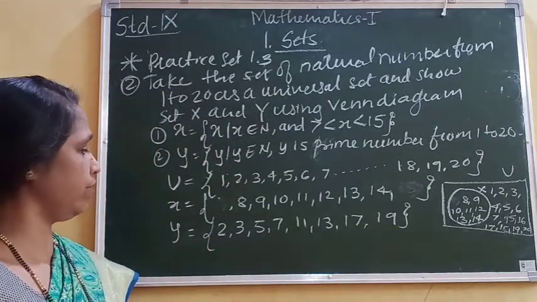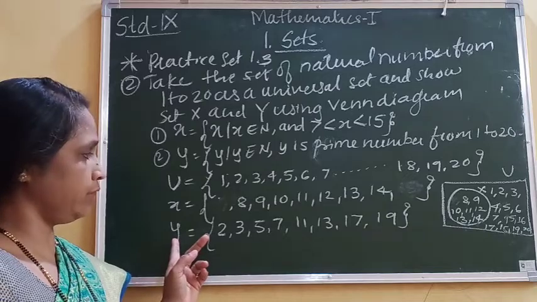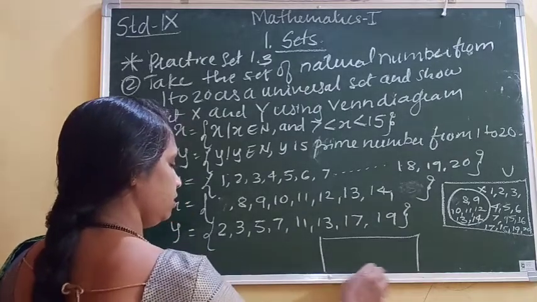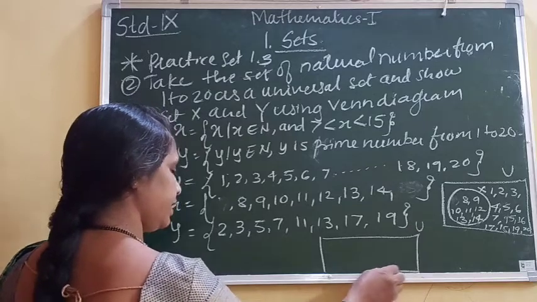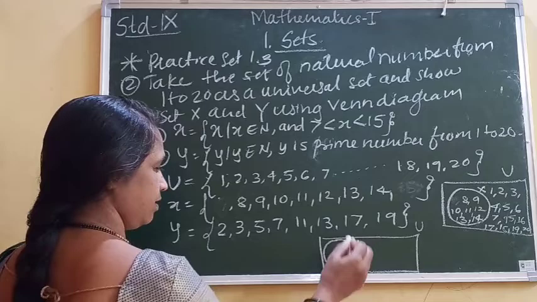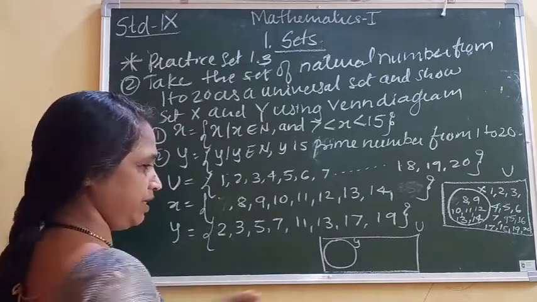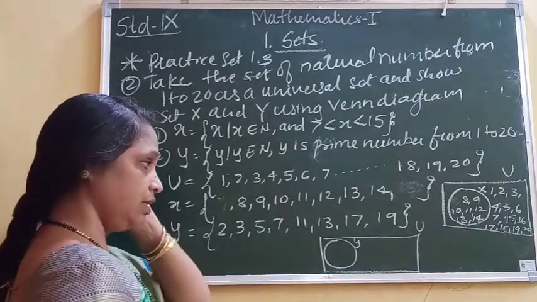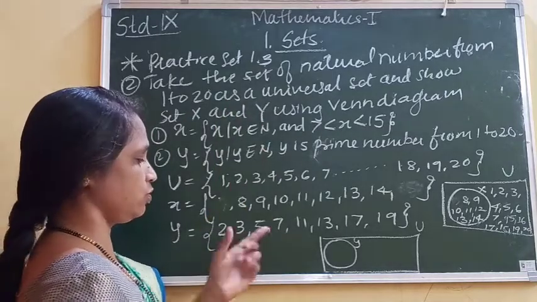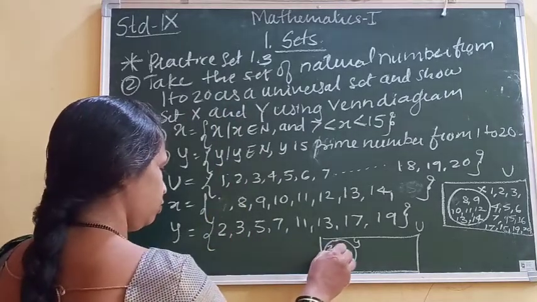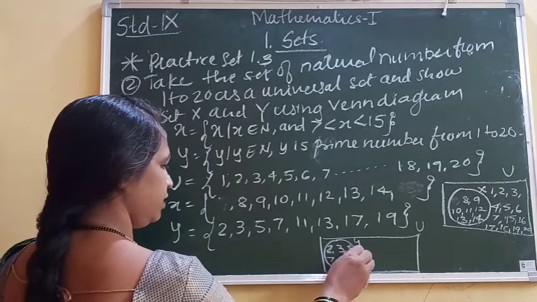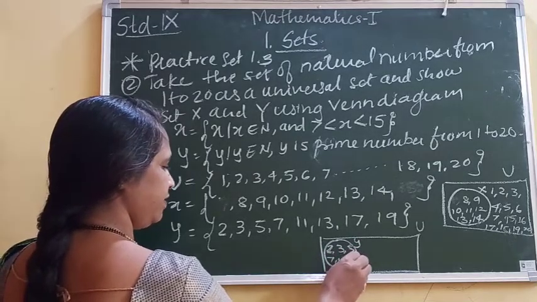Now the same thing you can do for Y also. Y, how? Now see, this is the universal set. Now Y's elements you will write in the circle and the universal remaining you will write in this. Now the elements which are in the universal set and Y also, those we will write here: 2, 3, 5, 7, 11, 13, 17 and 19.